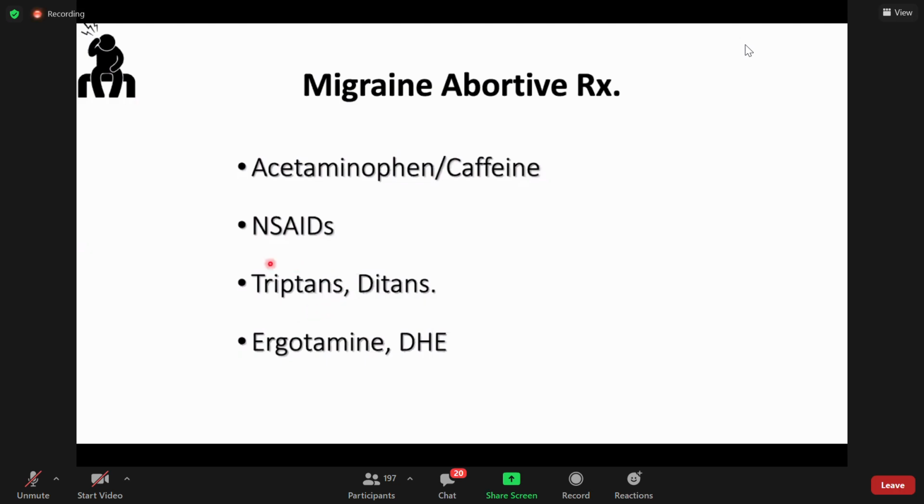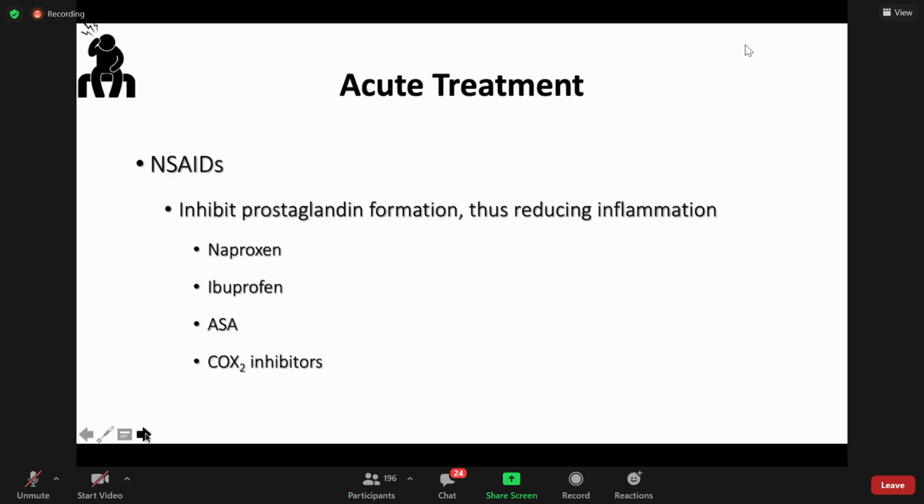So they also cause vasoconstriction, and they are contraindicated for patients who have heart disease, while the ditans can be given because they are more selective for the serotonin receptors that are involved in pain. And these are the old medications, ergotamine and dihydroergotamine, but still they are useful for some attacks of pain.